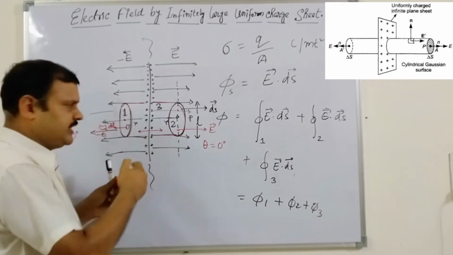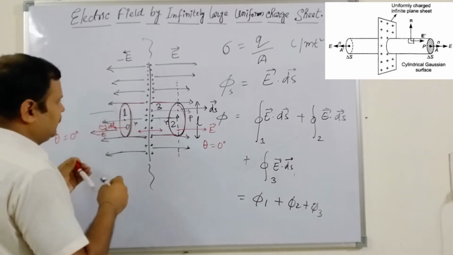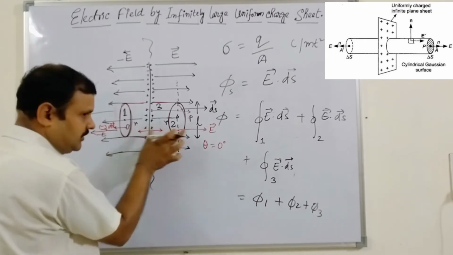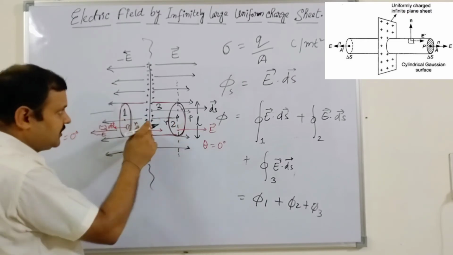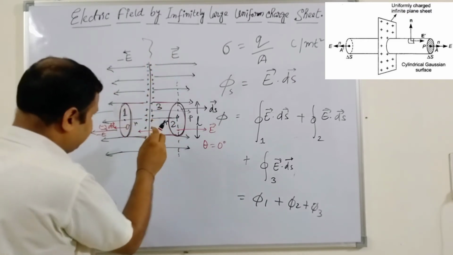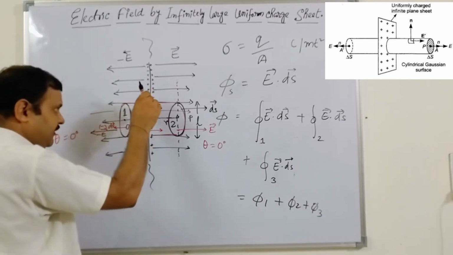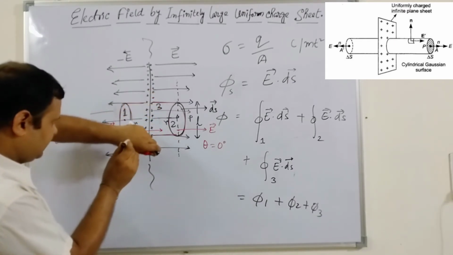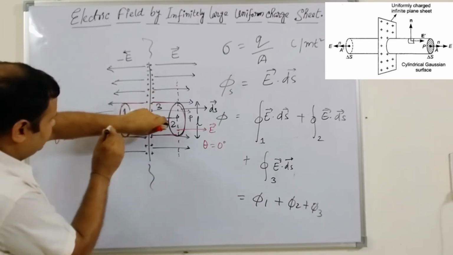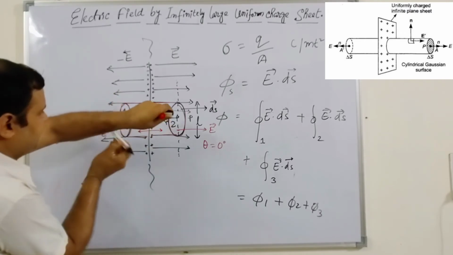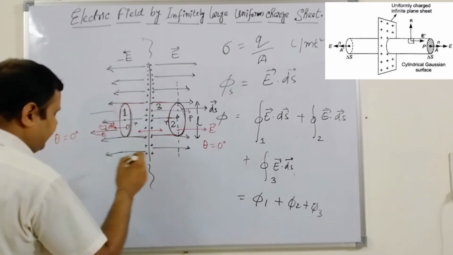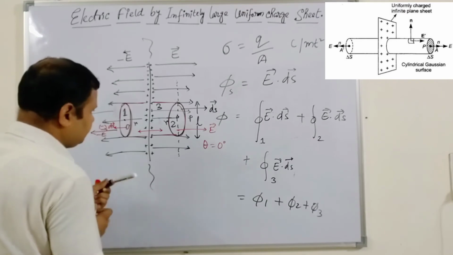So it is 90 degrees to each other. The electrical field is parallel to the cylinder, but the area vector is perpendicular everywhere on the curved surface. So the theta here is 90 degrees.